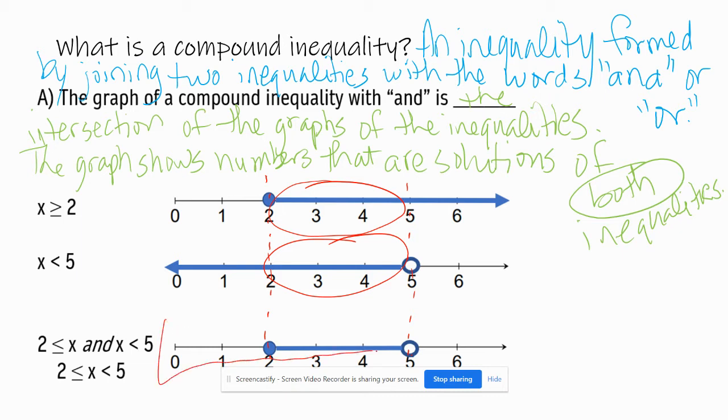So the answer is where the 2 started, the 5 stopped, and then where their shading was the same. Okay, their shading was the same.